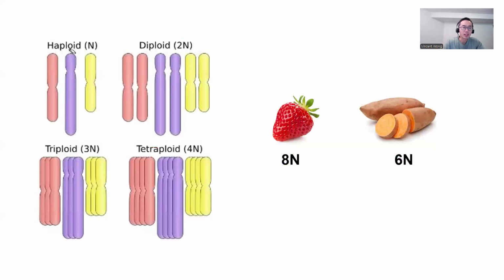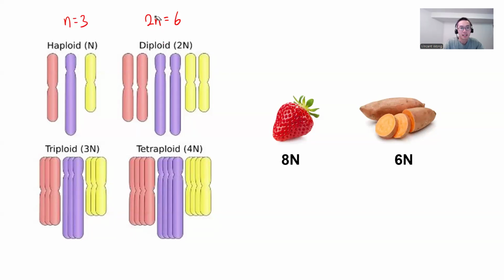So to illustrate this further, we have haploid cells. In this case, n equals 3. There are only 3 chromosomes in the set. A diploid cell would be 2n equals 6, total of 6 chromosomes with 2 full sets.